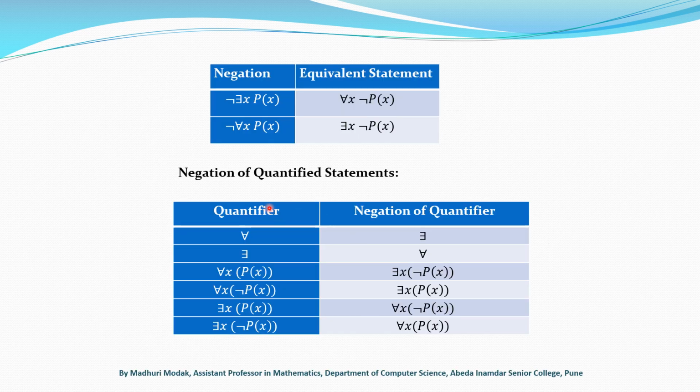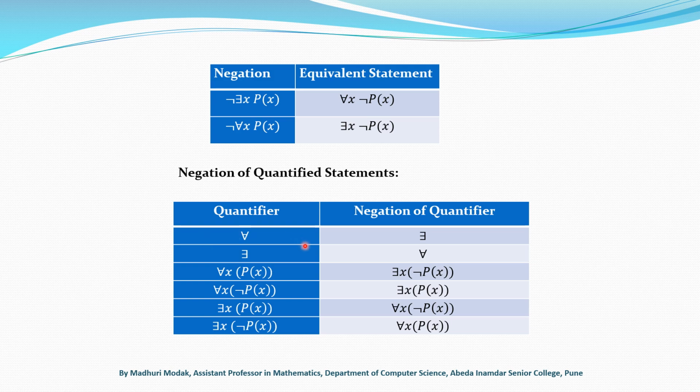Now this is the table for negation and equivalent statements. Negation of there exists x P(x) and for all x negation P(x) are equivalent. In the same way, negation of for all x P(x) and there exists x negation P(x) are equivalent. Now what are the negations of quantified statements?